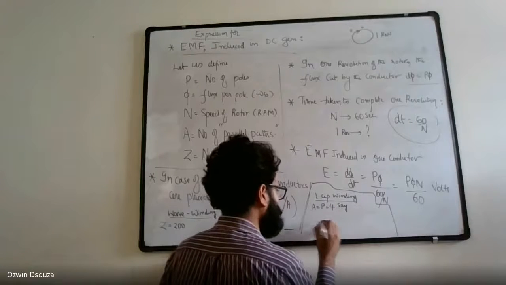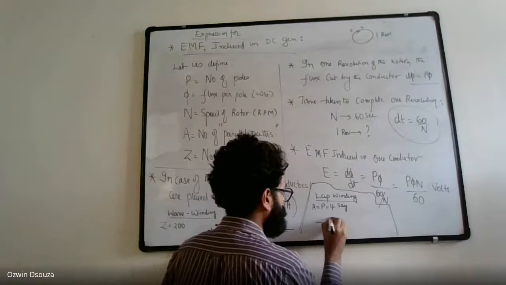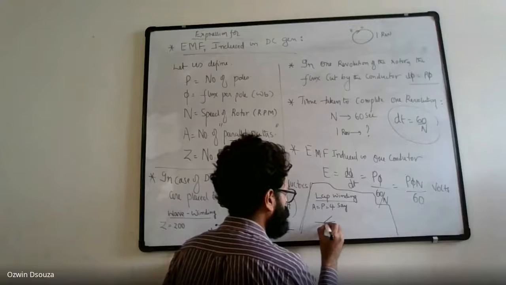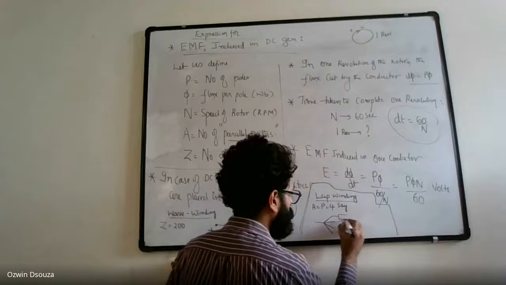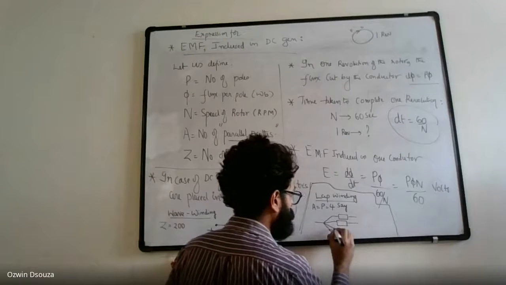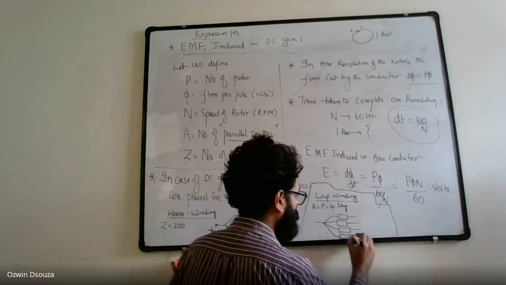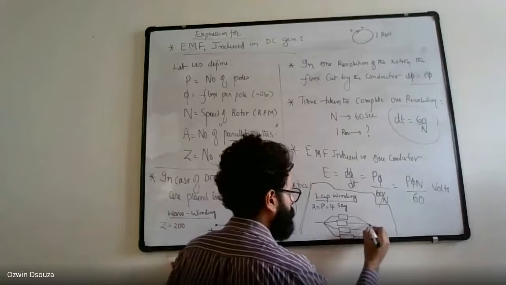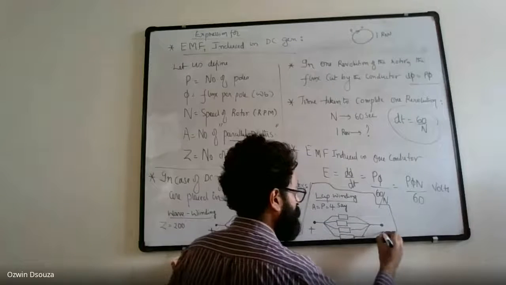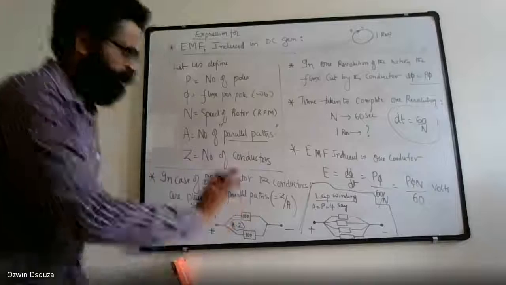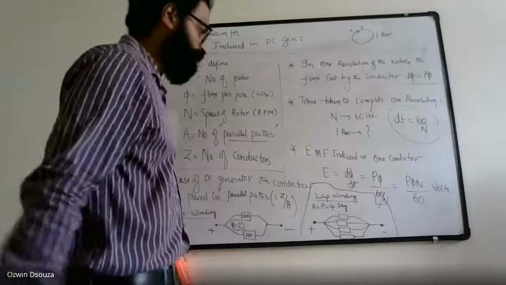Then this particular machine is going to have 4 parallel paths. Third one and the fourth one. Plus and minus. So this is how you can visualize the meaning of parallel paths.